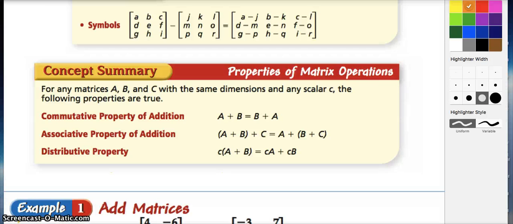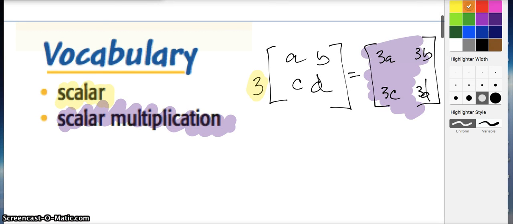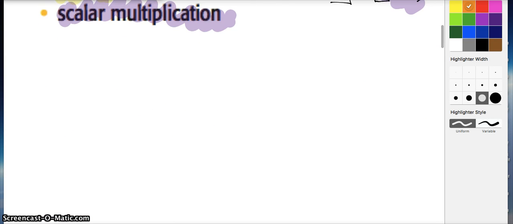Similarly, associative property is in effect if you've got three matrices, A, B, and C. If you choose to add matrix A and B first, then add C, you're going to get the same result as if you added matrix B and C first, then added A. The next thing we want to do is look at the distributive property. And in a way, you saw in our little example of what scalar multiplication was, it felt like the distributive property.